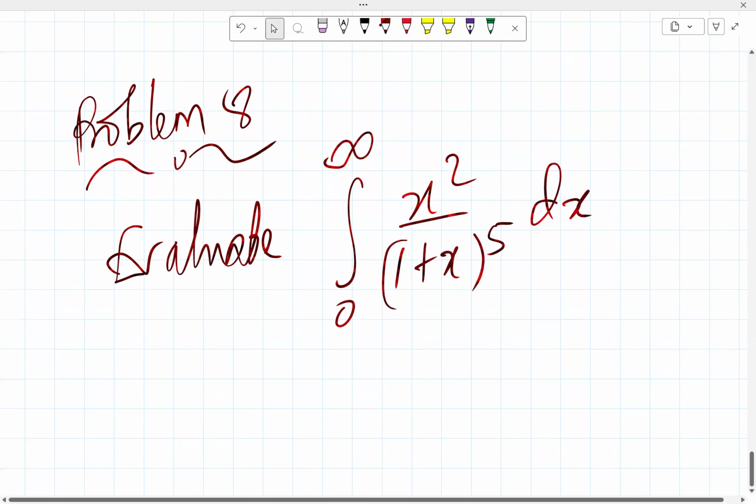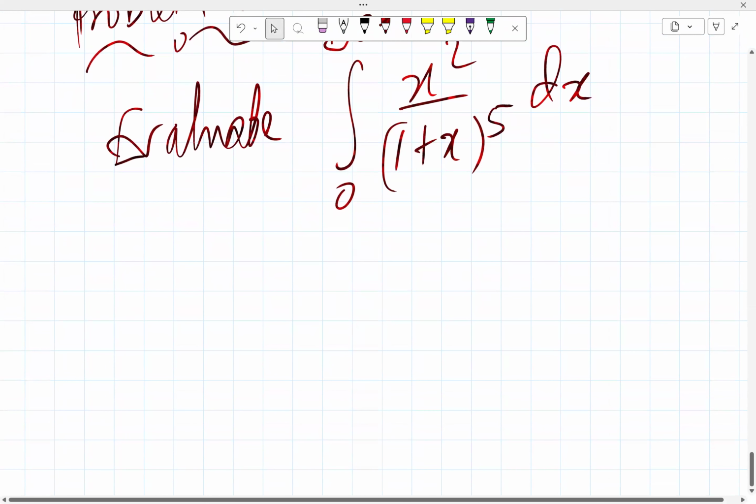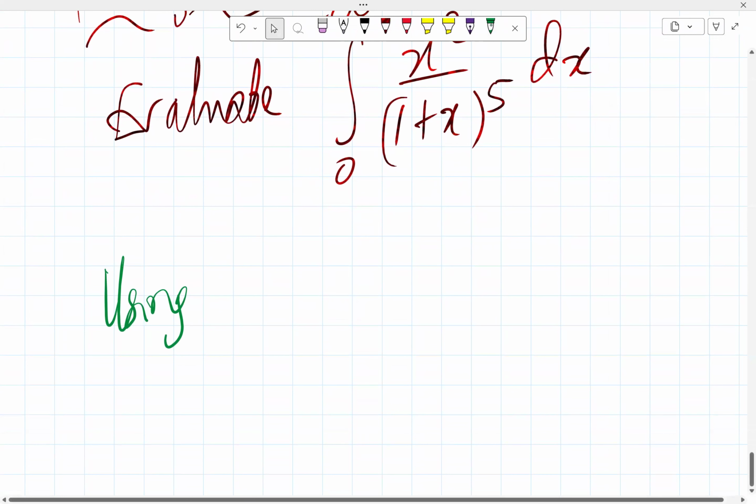So you need to know what any problem you have looks like using the beta function identity, where that comes from is beta of p comma q equals integral from 0 to infinity of t raised to power p minus 1 all over 1 plus t raised to power p plus q dt.